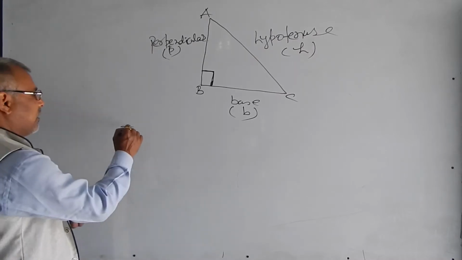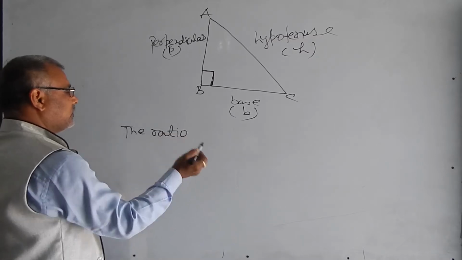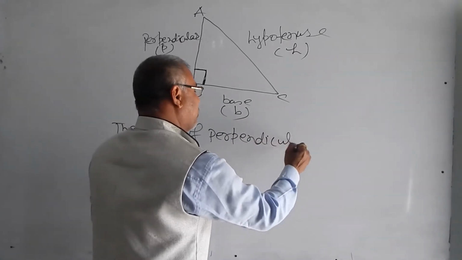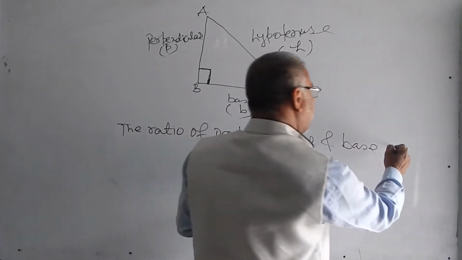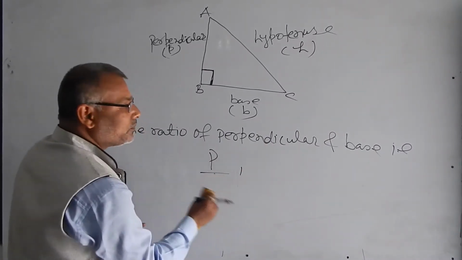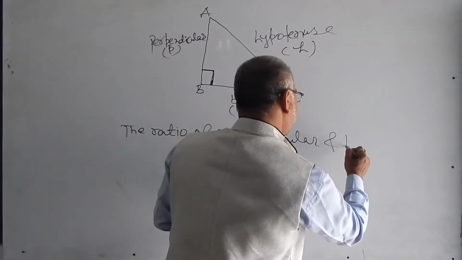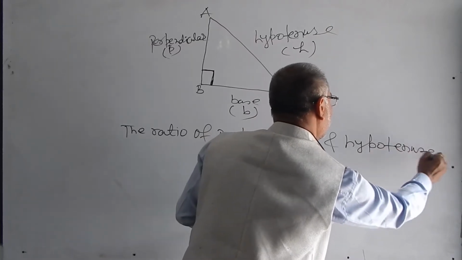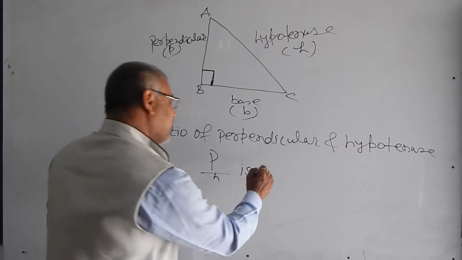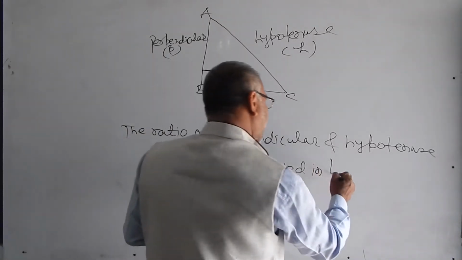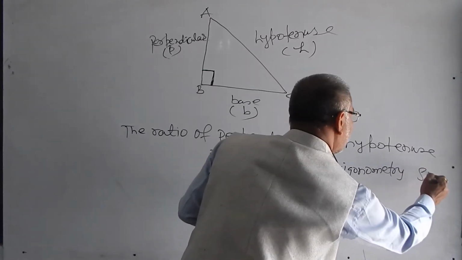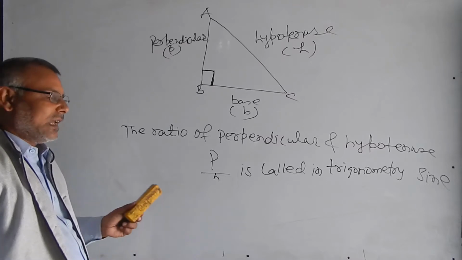Like the ratio of perpendicular and base, that is P by B, or perpendicular and hypotenuse, P by H. This ratio is called in trigonometry sine.